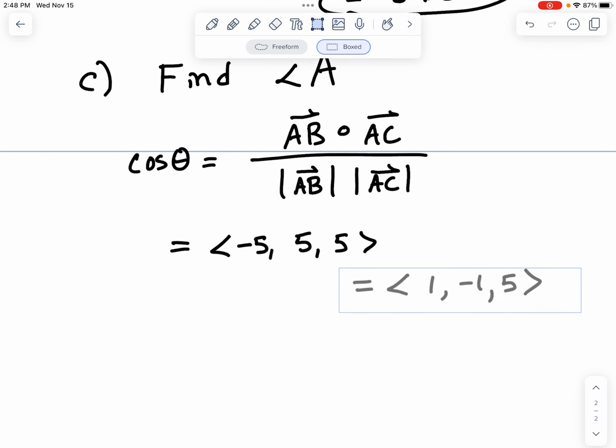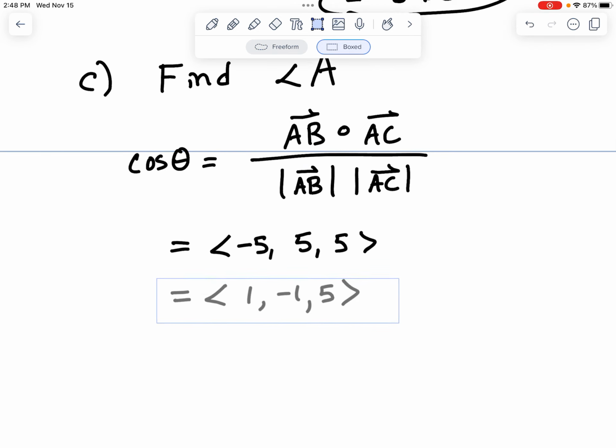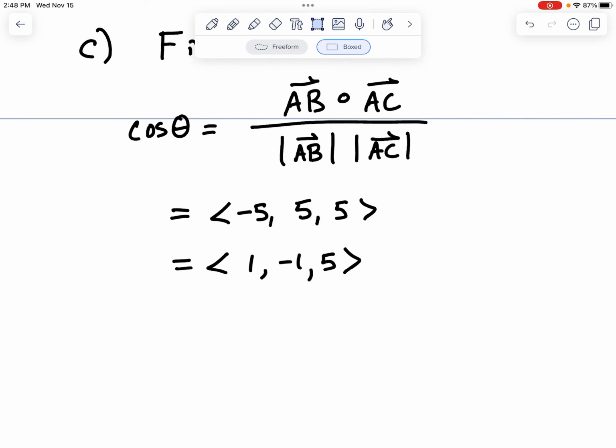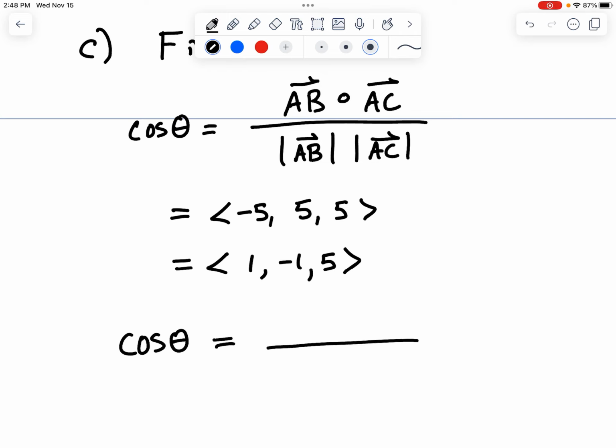Okay, so there's my two vectors. I can even line them up like this. So do the dot product. All right, so cosine of theta equals, and then for the dot product, multiply the two x values, which will be -5, multiply the two y values, which will be -5, multiply the two z values, which will be +25.